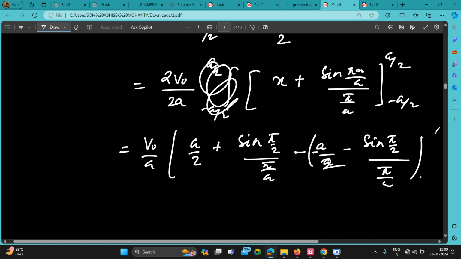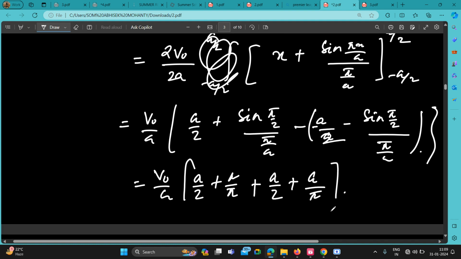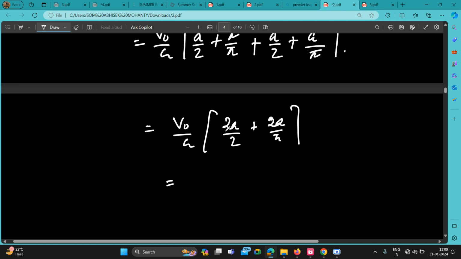Okay, so v naught by a, (a by 2 plus a by pi) minus (minus a by 2 plus a by pi). So this will give me v naught by a, 2a by 2 plus 2a by pi. Okay, so v naught, 1 plus 2 by pi. Is that alright? Or did I make a mistake? Just let me know.